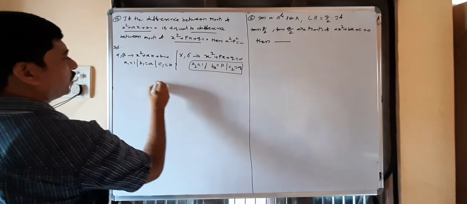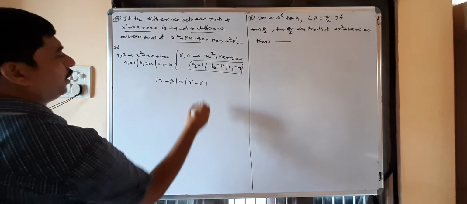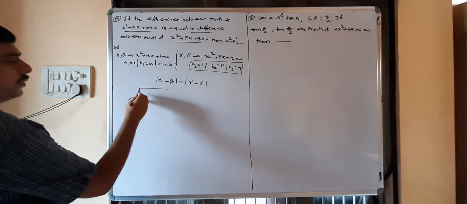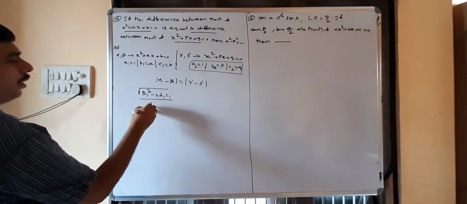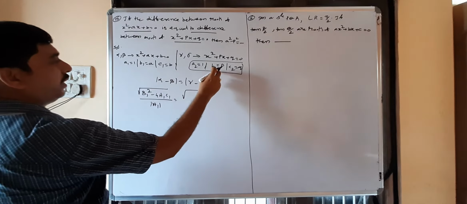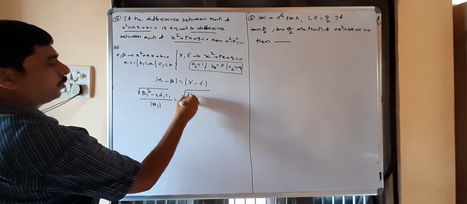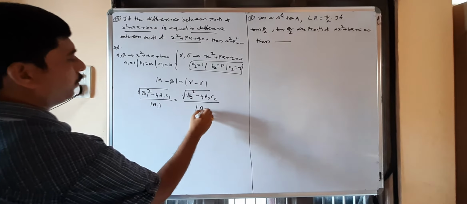Now the difference of the roots of the first equation, mod of alpha minus beta, equal to mod of gamma minus delta is given. We know the formula for the difference of the roots: root of b1 square minus 4a1 c1 by mod a1 equal to root of b2 square minus 4a2 c2 by mod a2, same formula but different coefficients.